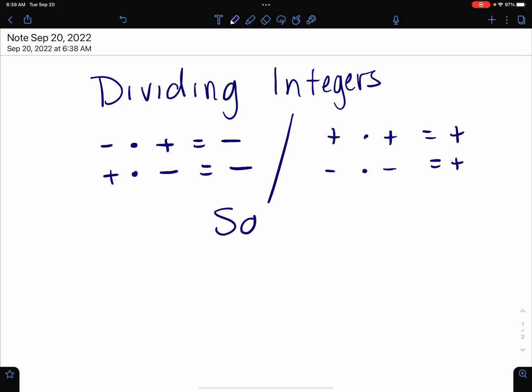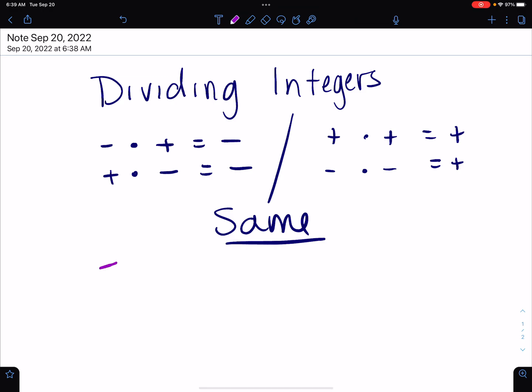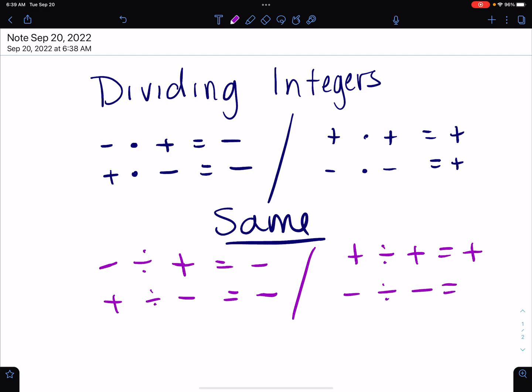So it's the same as that, which means a negative divided by a positive is a negative. A positive divided by a negative is a negative. And a positive divided by a positive is a positive, and a negative divided by a negative is a positive. So it's exactly the same rules.